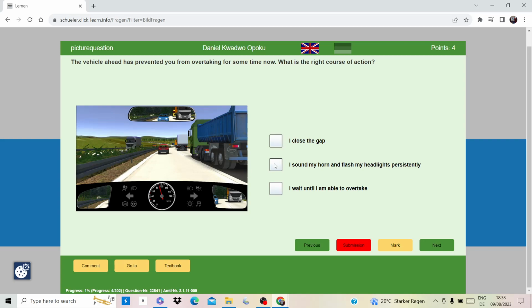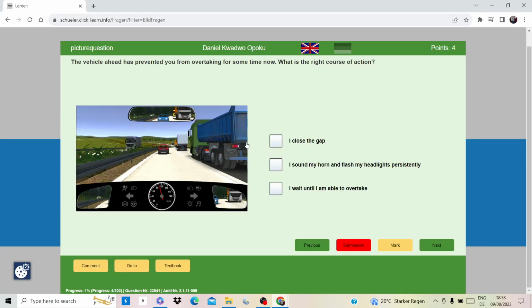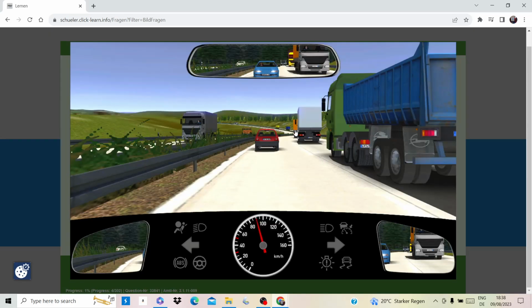Okay? I sound my horn and flash my headlights persistently. I want to overtake him, but he has not given me the chance to do so, or I've not gotten the opportunity to overtake him.